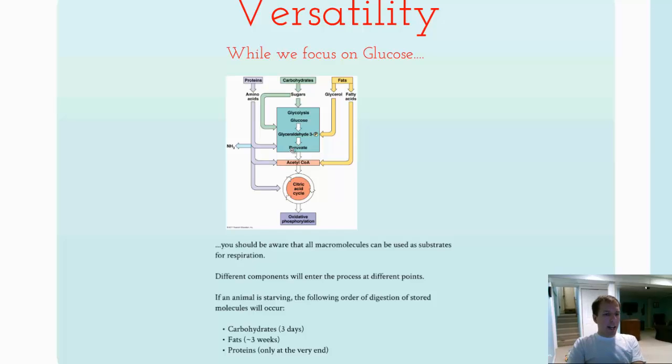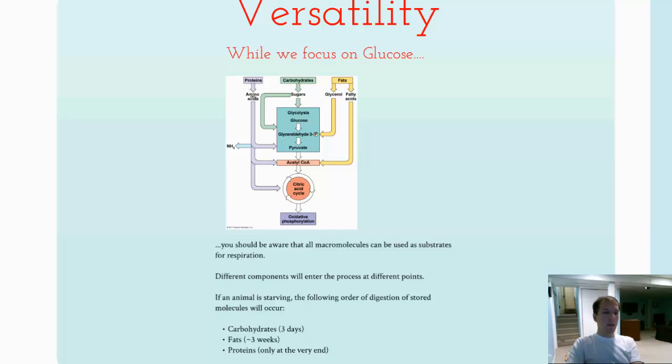And one final connection into some of the things that we'll be studying in this unit, there are actually multiple ways in which different molecules can enter into the cycle. So carbohydrates, like glucose, can go through the cycle from beginning to end, like I went through in this video. But fats can be broken down into glycerol, which can enter into an intermediate step of glycolysis, and fatty acids can be broken down to make acetyl-CoA and enter in at a much later point in the cycle.